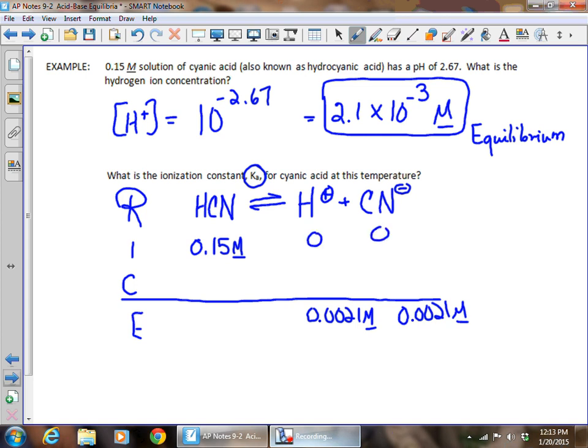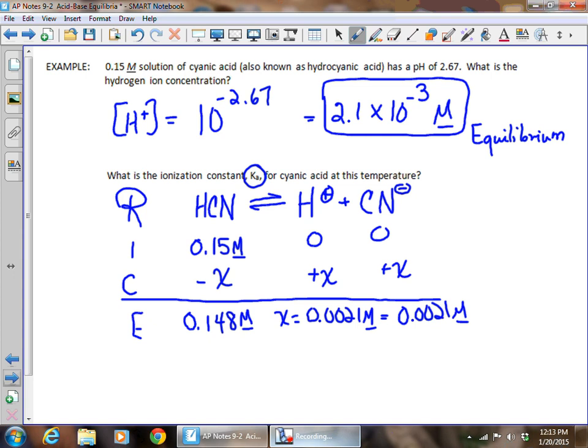These both started out as 0, minus x for the HCN, plus x, plus x. That means that both of these values are x, which means we can simply subtract 0.0021 from the 0.15 molar, and we now have that our equilibrium concentration of HCN is 0.148 molar.